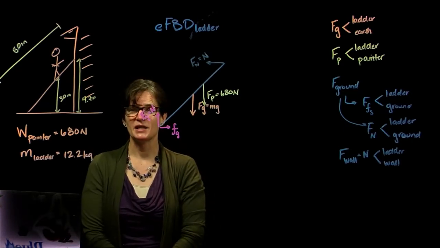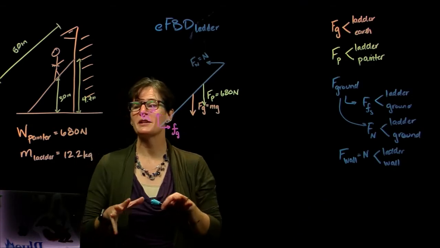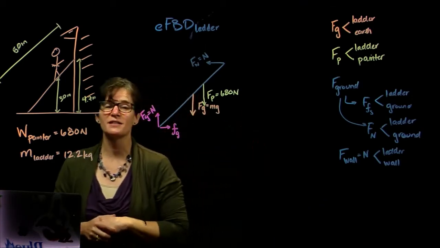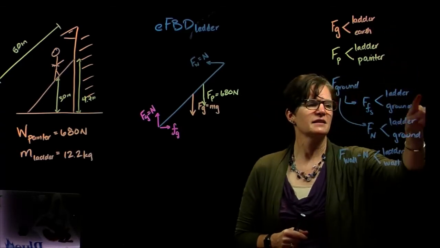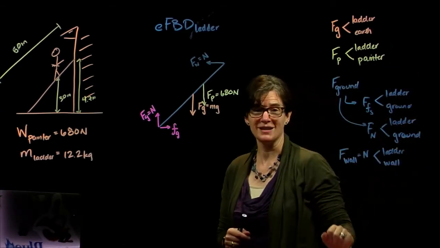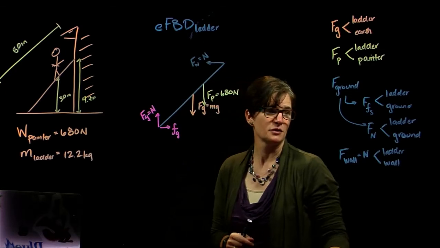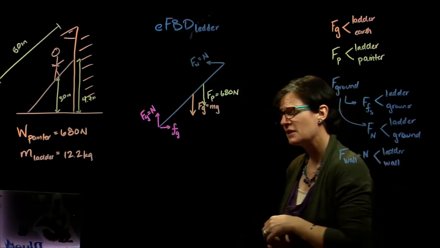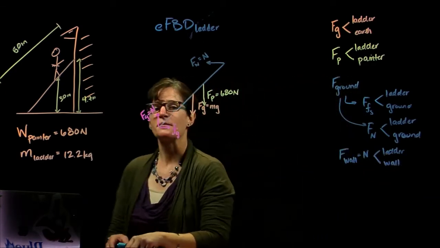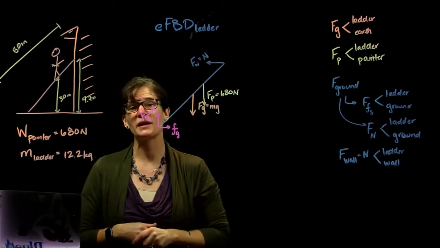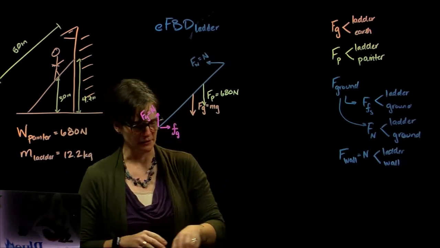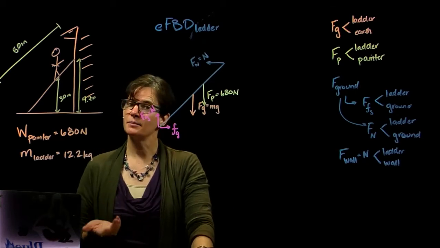All right. So these are all of the interactions that are happening with the ladder. We have the earth, that's gravity, the painter's on it. The ladder's interacting with the ground in two ways, the normal force and the force of friction, and then the force of the wall. Now, to determine the radii and the angles, another important point on an extended free body diagram, we need to select a pivot point.